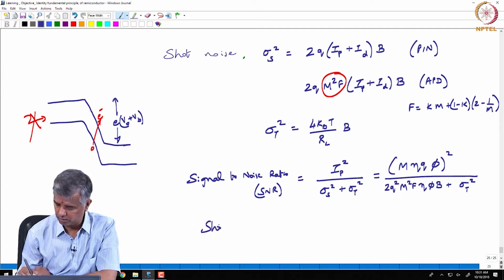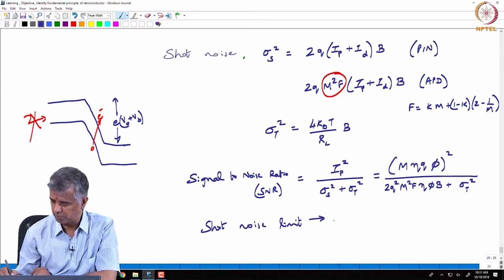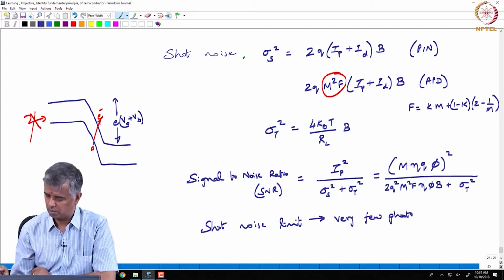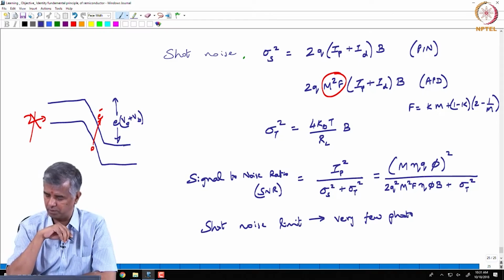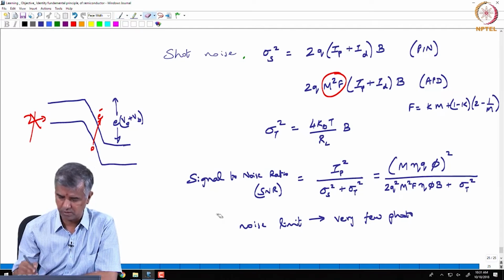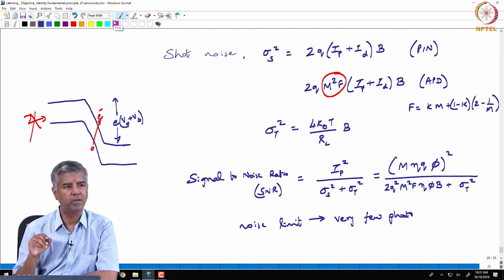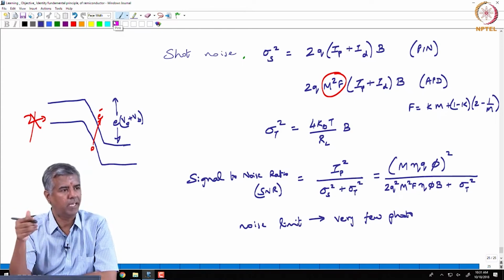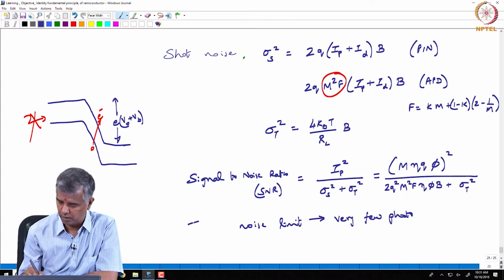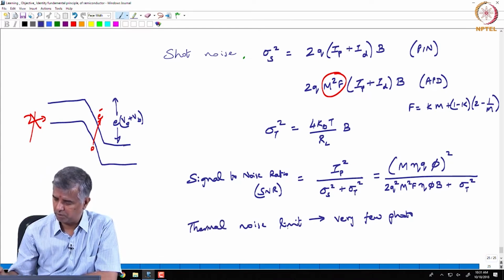That would be what is called the thermal noise limit, because there is no shot noise. You understand that shot noise comes about when we have more light falling on the detector, but when there are very few photons falling on the detector, then you have what is called the thermal noise limit.